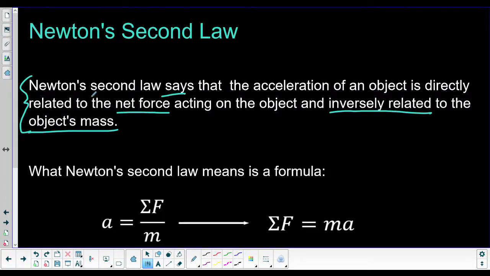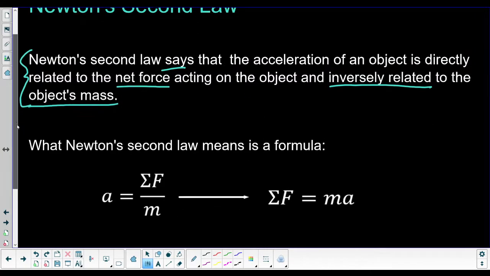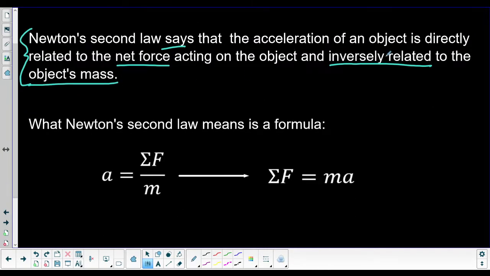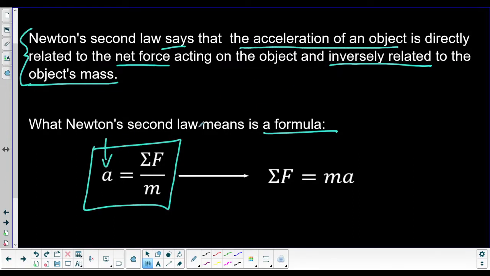So what this little paragraph, or rather sentence, I guess, it looks like a paragraph because it's in big font, but what this sentence means is a formula. The formula is this. The acceleration of an object is directly related to the net force, or the sum of all the forces, acting on the object, and inversely related to the object's mass.